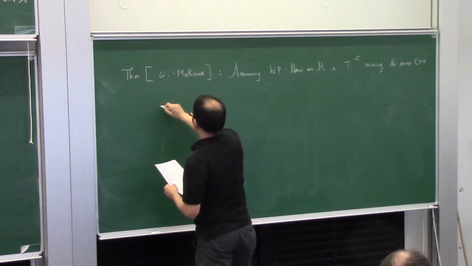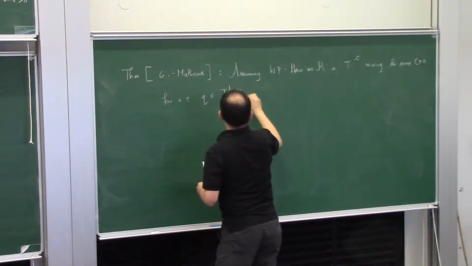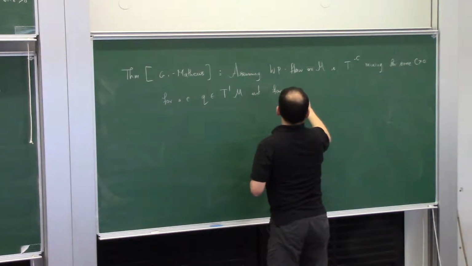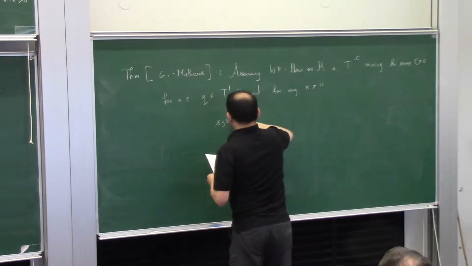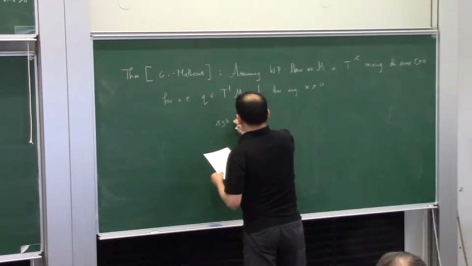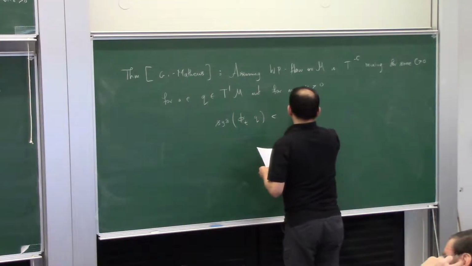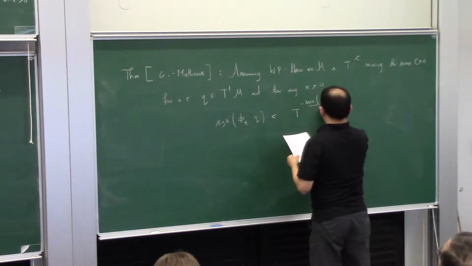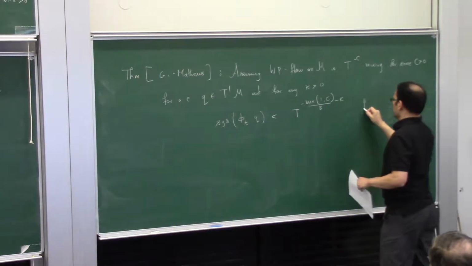we'll get that for almost every q in T1 of M, and for any kappa bigger than 0, the systole of phi t of q will be at most e to the power minus minimum of 1 comma c over 8 minus kappa, for some t.